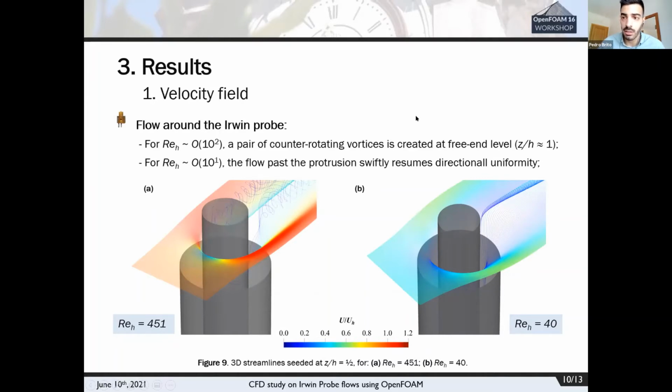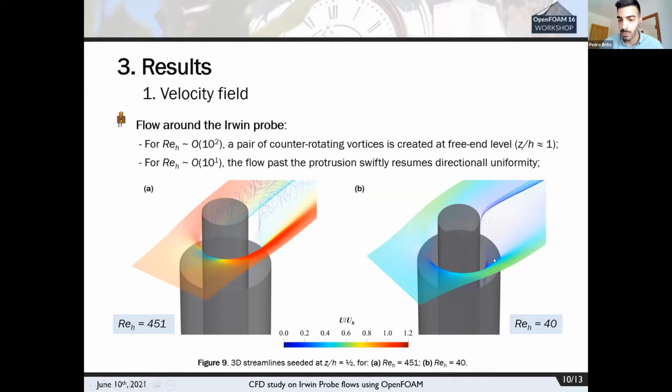In the literature, these are commonly known as tip vortices, and they are characteristic of wall-mounted low aspect ratio obstacles. We believe that the appearance of these tip vortices is related with the separation from the sides of the flow, which interacts with the upwash motion that we talked about in the last slide. But for the smaller Reynolds number, that behavior is nonexistent.